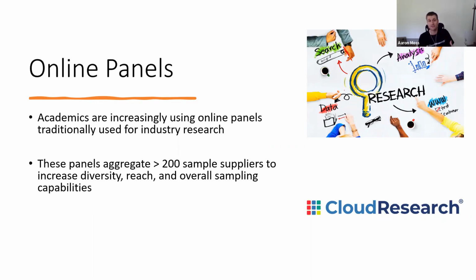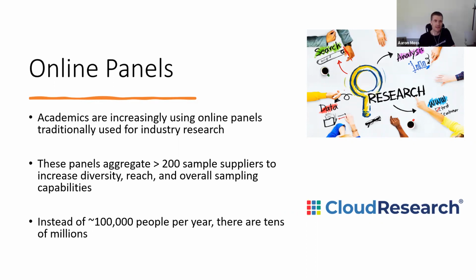They really increase the reach of the types of people that you're able to screen through and find people who meet really specific demographic targets. And overall, they just increase sampling capabilities. So you're able to run projects with several thousand more participants. You can run tens of thousands of participants within a day or several weeks. You can gather hundreds of thousands of participants, something that would just take months, if not an entire year or more on smaller platforms.